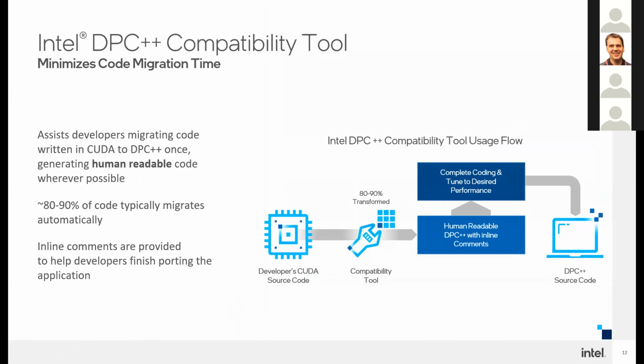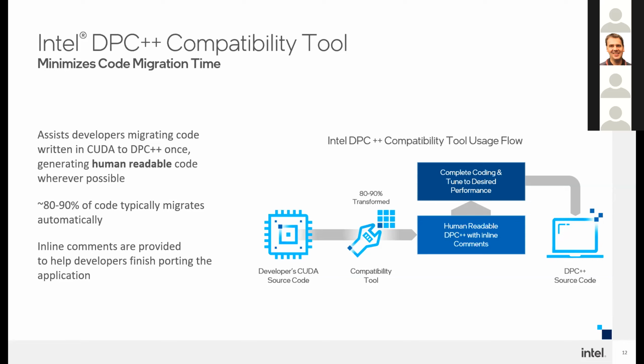So one element is the DPC++ compatibility tool. So that's a tool for developers who have CUDA source code, CUDA applications that they would like to port into the oneAPI environment, and particularly using the DPC++ language. So the compatibility tool basically is a concept and a solution that takes the CUDA code and automatically transforms, by our experience, 80 to 90% of the code into human readable DPC++ code with inline comments.